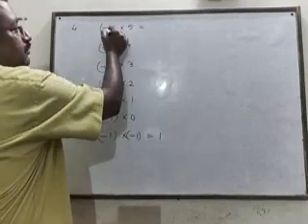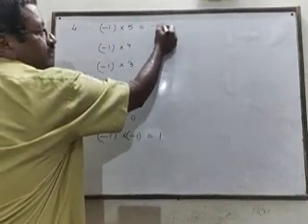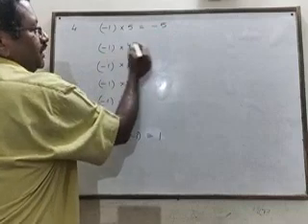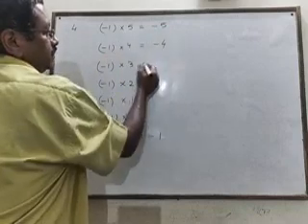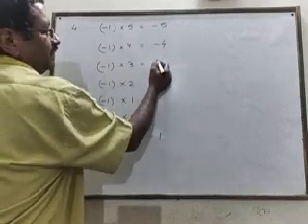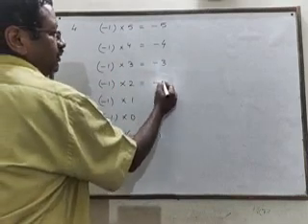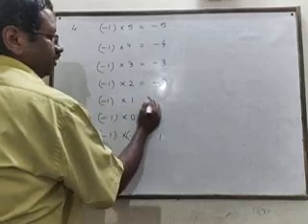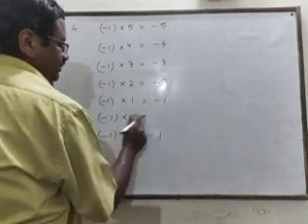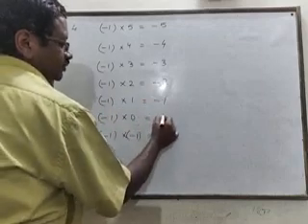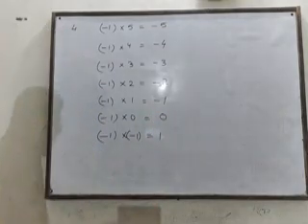So -1 multiplied by 5 will be -5, -1 multiplied by 4 will be -4, -1 multiplied by 3 will be -3, -1 multiplied by 2 will be -2, -1 multiplied by 1 will be -1, -1 multiplied by 0 will be 0.